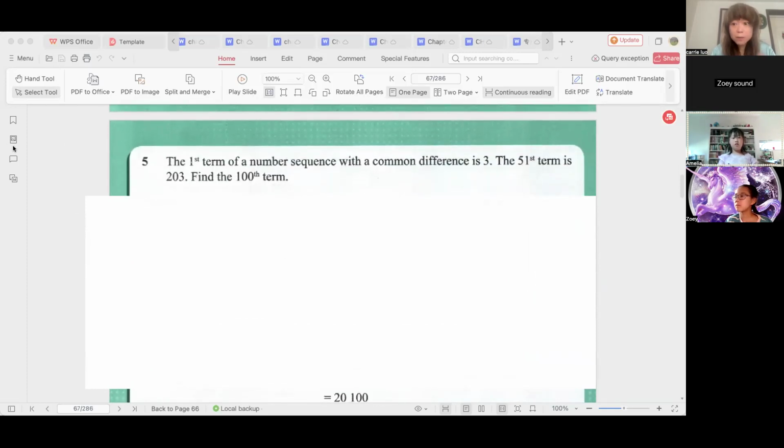The first term of a number sequence with the common difference is 3. The 51st term is 203, and please find the 100th term.